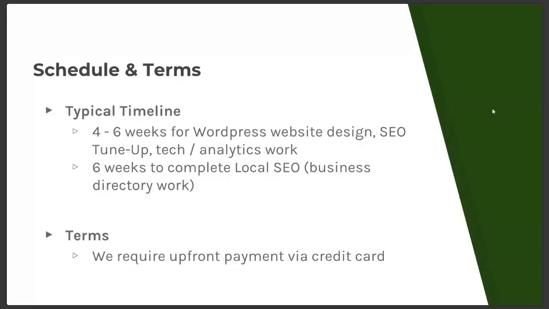That's going to take care of the actual website. And then there is going to be that additional SEO work that we'll recommend, which would be optional, but strongly recommended. And if we were doing any type of business directories, that might push us closer to the 6-week timeline. And then as far as terms, we require upfront payment via credit card.